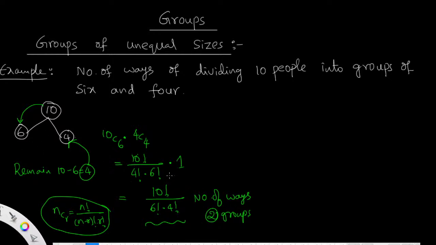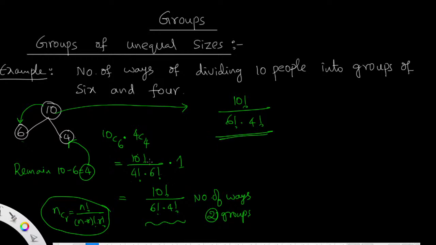As a shortcut, we can draw this figure and write directly: 10 factorial divided by the group sizes, 6 factorial and 4 factorial. That is the final answer.